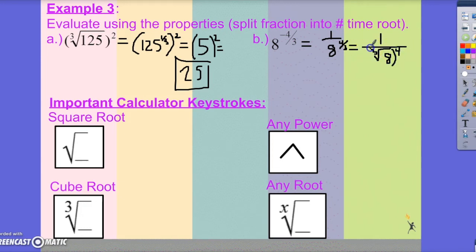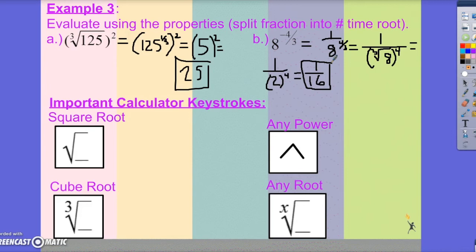Now for these, I want you to write out all the different steps because I don't want you to just solve it. It's important to know how to do it by hand. We're going to want to see work. Cube root of 8 is 2. So I evaluated the root. To get 1 over 2 to the 4th, it's 1 over 16. And that's my answer.